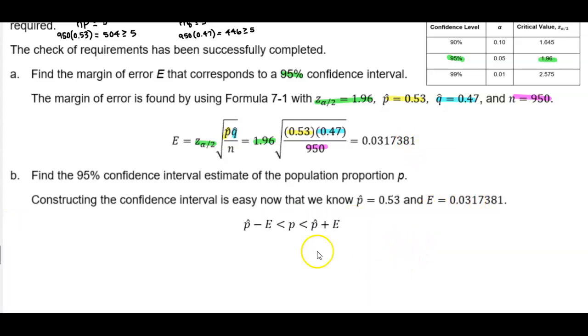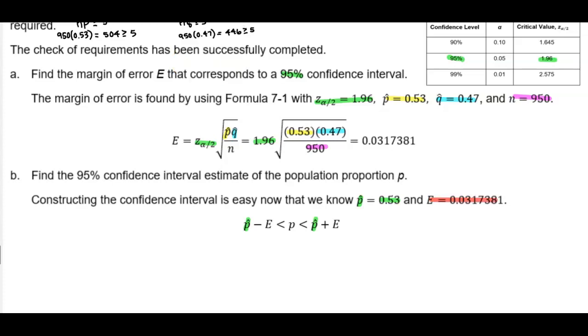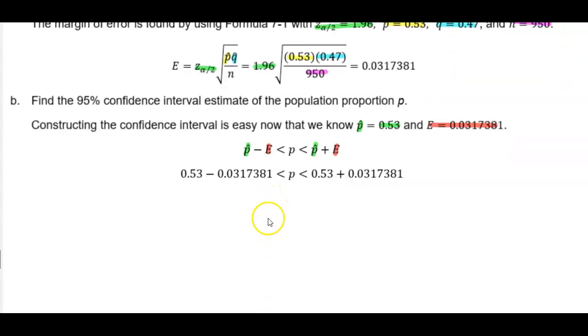So we're going to take the value of the point estimate, p hat, which is 0.53, and then subtract the margin of error on the left side and add the margin of error on the right side. So let's go ahead and do that.